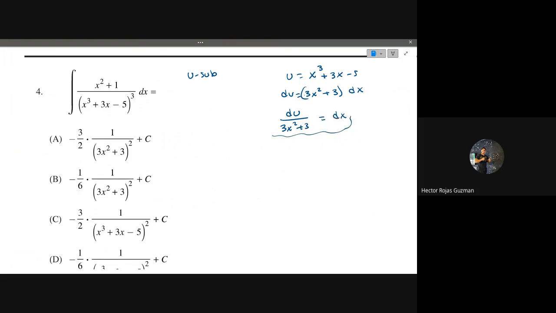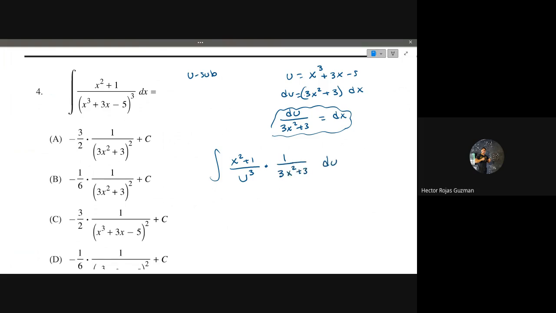And now I'm ready to go back to the integral. The integral of x squared plus 1 divided by u to the power of 3 times 1 over 3x squared plus 3 du.